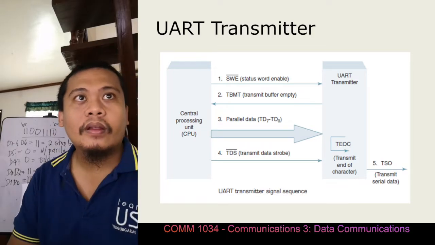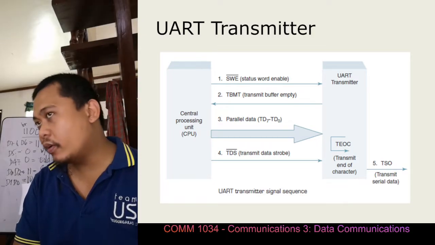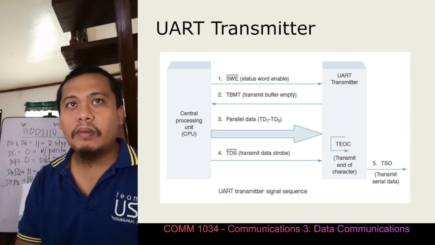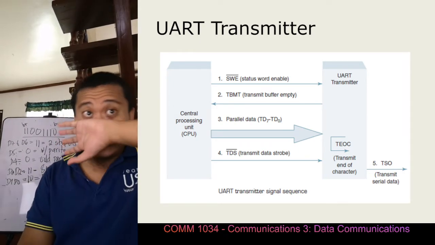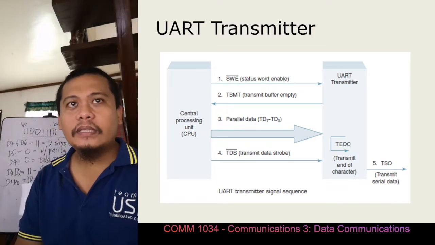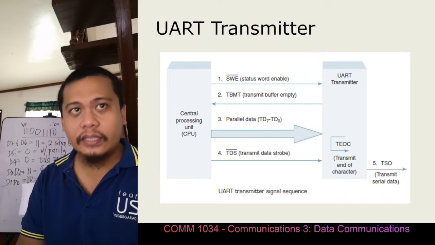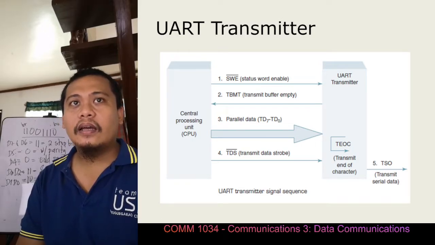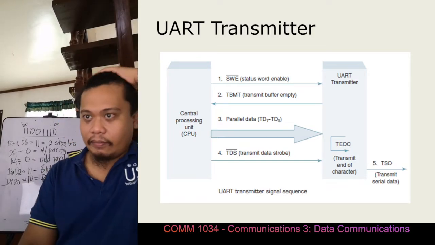Okay? So when the CPU senses an active condition on TBMT, it applies a parallel data to the transmit data lines. So we have T7 through T0 and strobes them into the transmit buffer register with an active signal on the transmit data strobe signal.